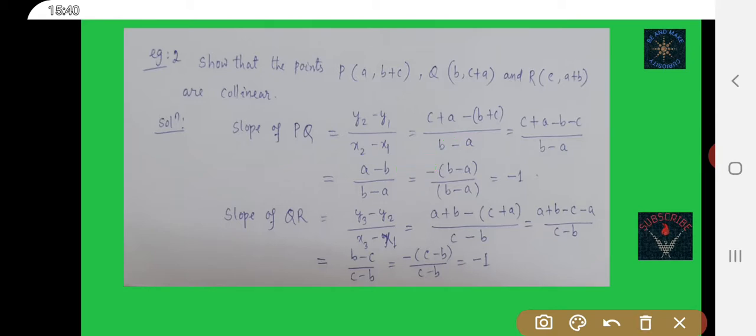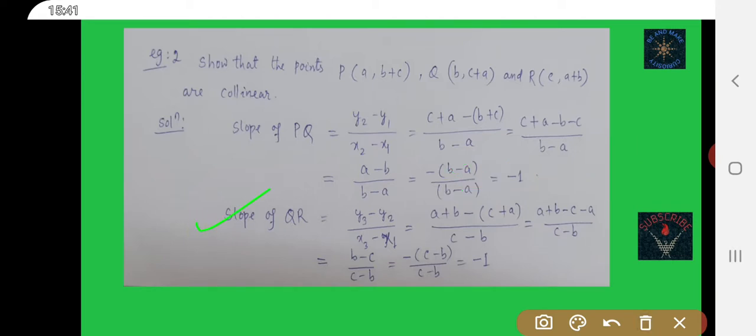You can write this a minus b as minus (b minus a). If you open, then you get minus b plus a, that is equal to a minus b. So you can write minus bracket b minus a, then this factor cancels, then you get minus 1.